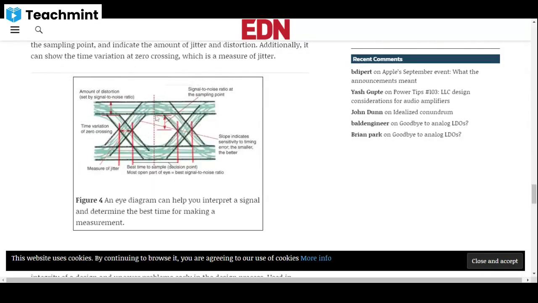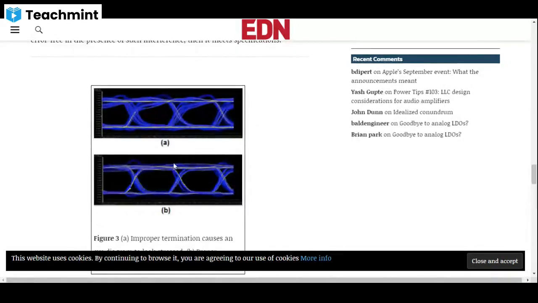The maximum opening of the eye indicates zero ISI, and closing of the eye indicates the maximum ISI present in that signal. So why is it called an eye pattern? Because its pattern looks like a human eye. This is how it looks on the DSO screen.